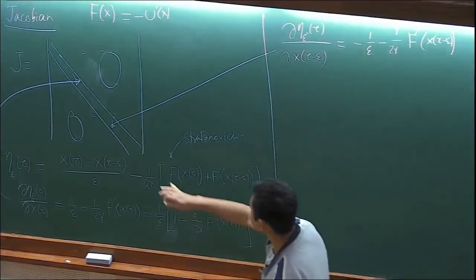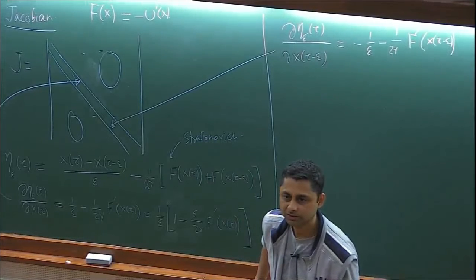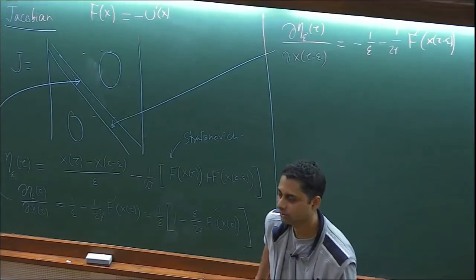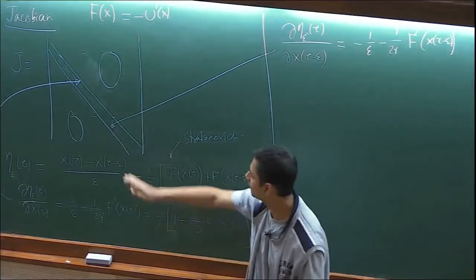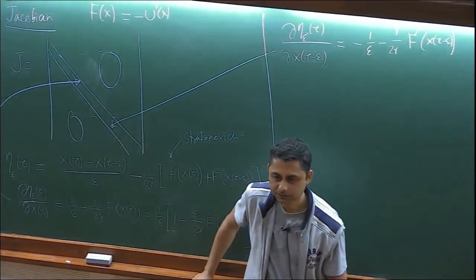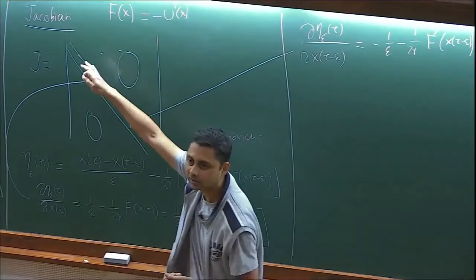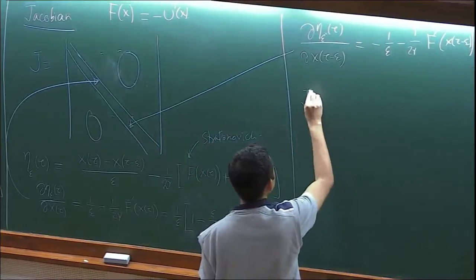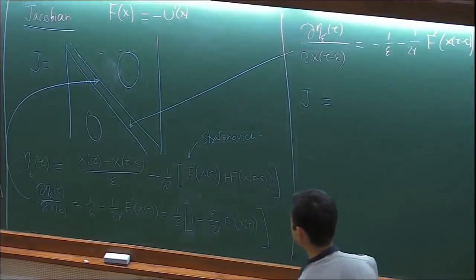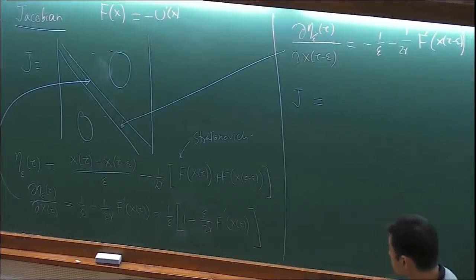So then I know what the determinant of this matrix is, right? If you have a matrix where you have only the diagonal elements and one off-diagonal row, what is the determinant? It's just the product of the diagonal elements, right? So therefore the Jacobian J is the product of the diagonal elements.